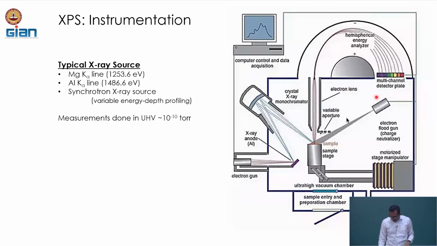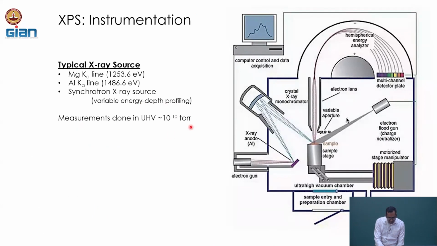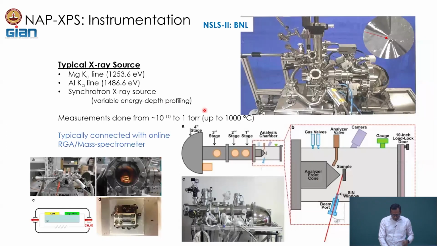Okay. Now, coming to the NAP XPS, or near atmospheric pressure. In the previous case, this is ultra high vacuum, 10 to the power minus 10 torr, but in this case we can operate at ultra high vacuum condition, and at the same time we also have provision for incorporating a little bit of gas into the analysis chamber or the sample chamber, and we can go up to 1 torr, and in typical cases we can go up to 1000 degrees Celsius.